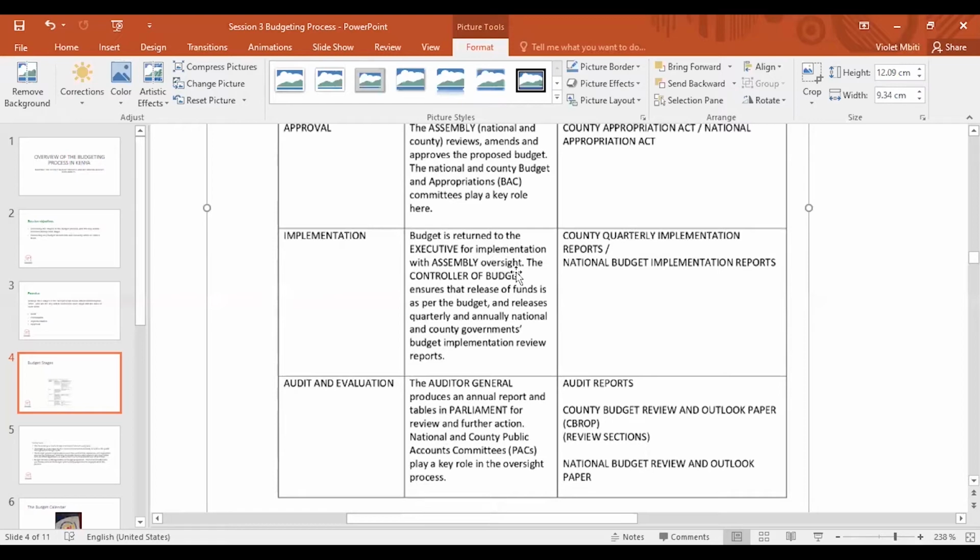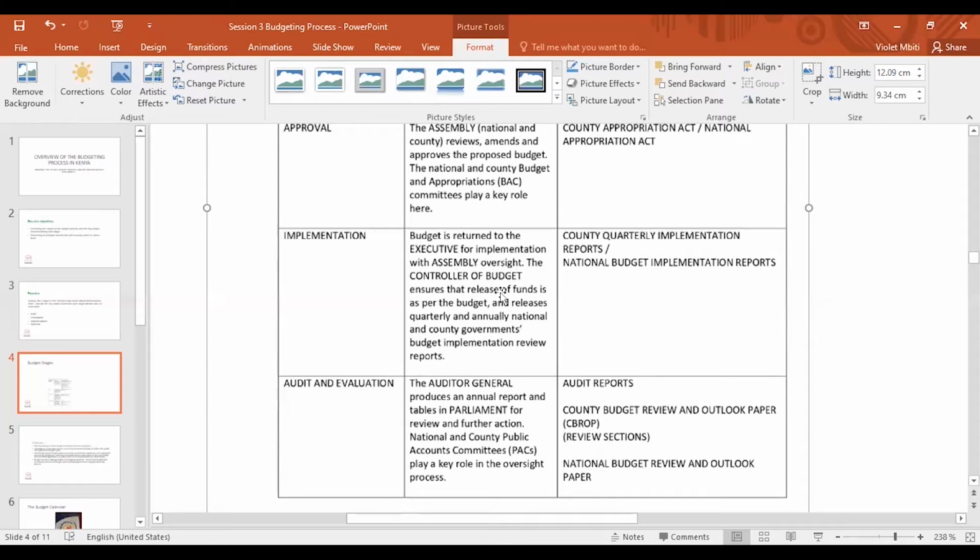We want to evaluate the performance, okay? It came from the county assembly at the approval stage, and it was returned after being passed by the county assembly to the county executive.